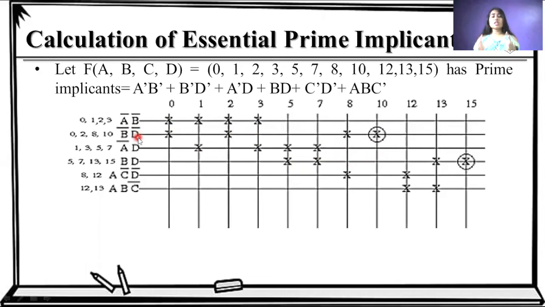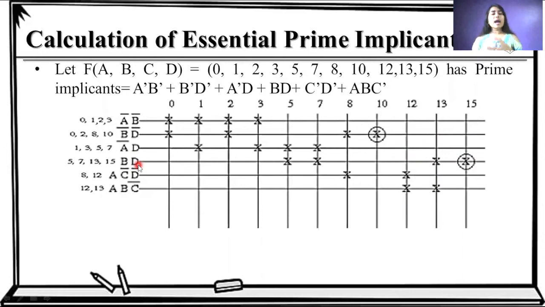That means in the minimal solution this term must be included. Then there is one more single cross due to BD, so this BD is also an essential prime implicant. So in a minimal solution, this BD and B'D' must be there.